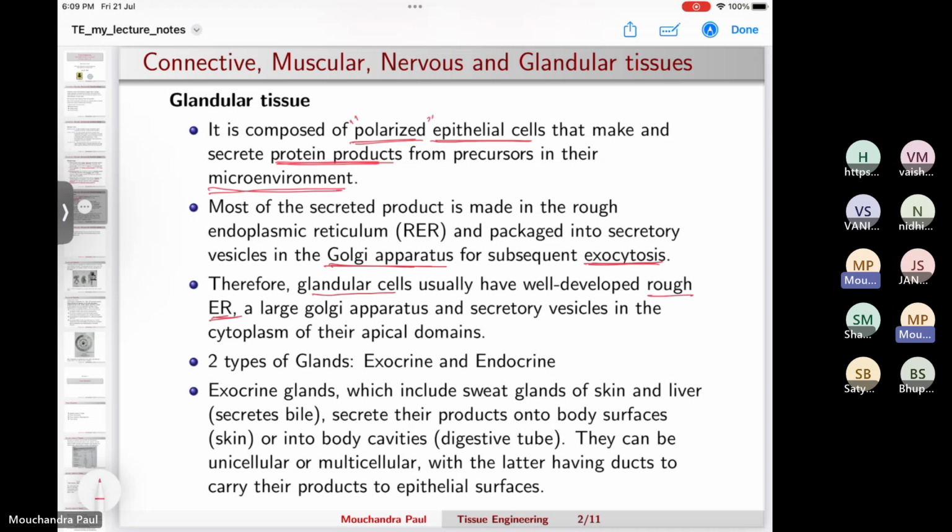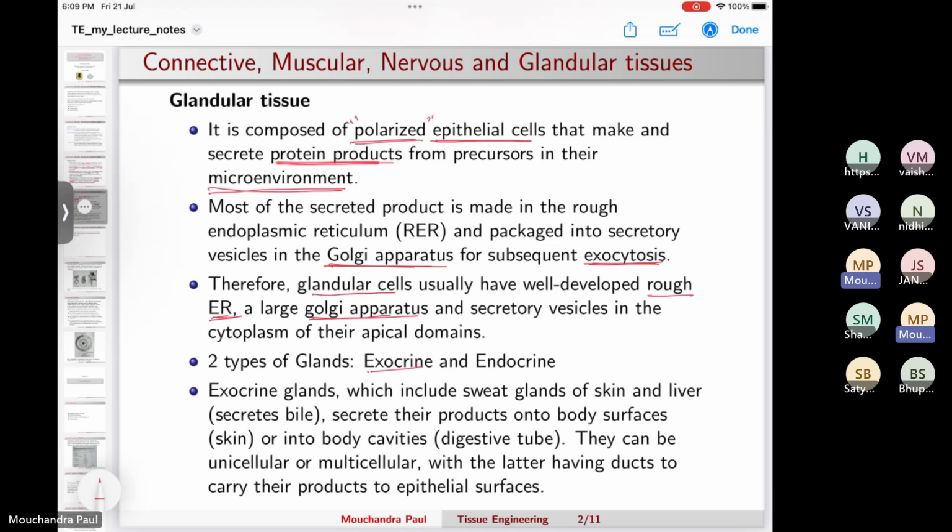Also the Golgi apparatus is large as well, and you can see secretory vesicles, like empty vesicles, floating in the cytoplasm. So these three main components are present, because of which these cells are able to secrete protein products.